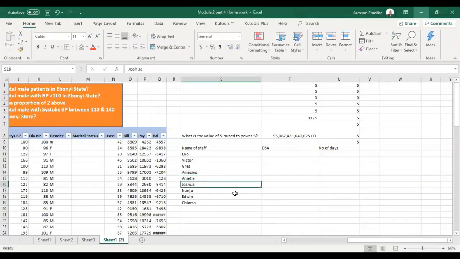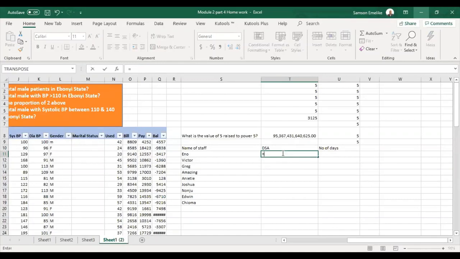Good. Okay, so the DSA here, let us use a random number, assign it. Say it is between 2,000 naira and 5,000 naira.